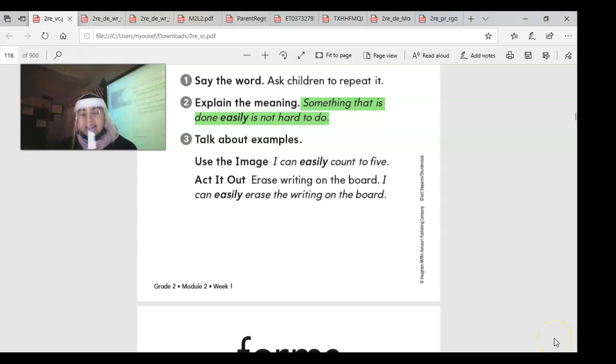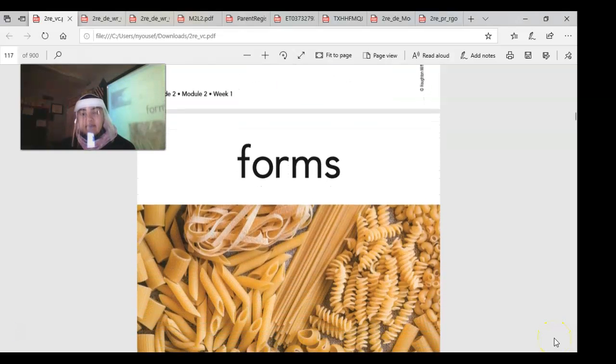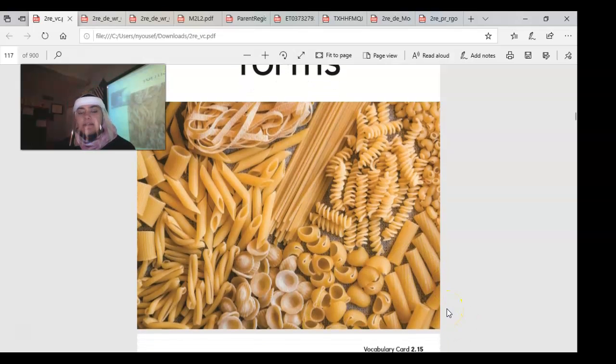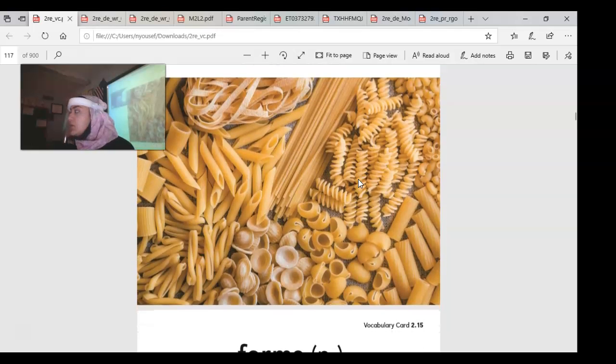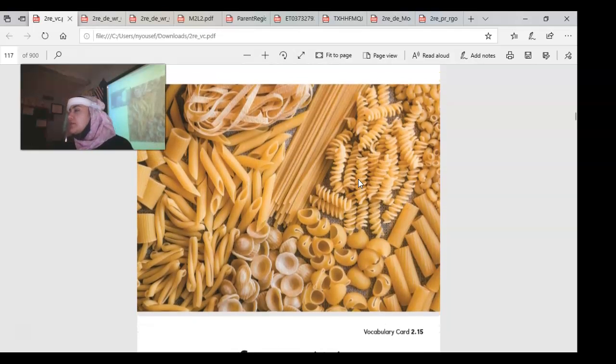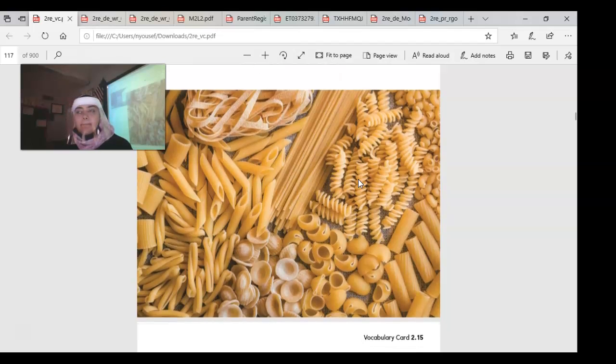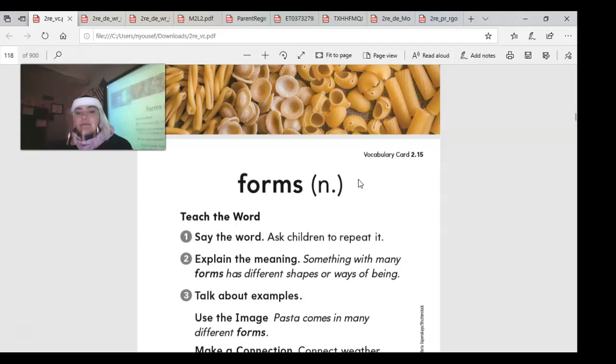Okay, boys and girls, the next word is forms. Let's look at this picture. There are different forms of pasta. We have the shell pasta, the curly, the straight, the linguine. This is called forms. What do you think forms means? Renaya? Different types of things that are the same but look different.